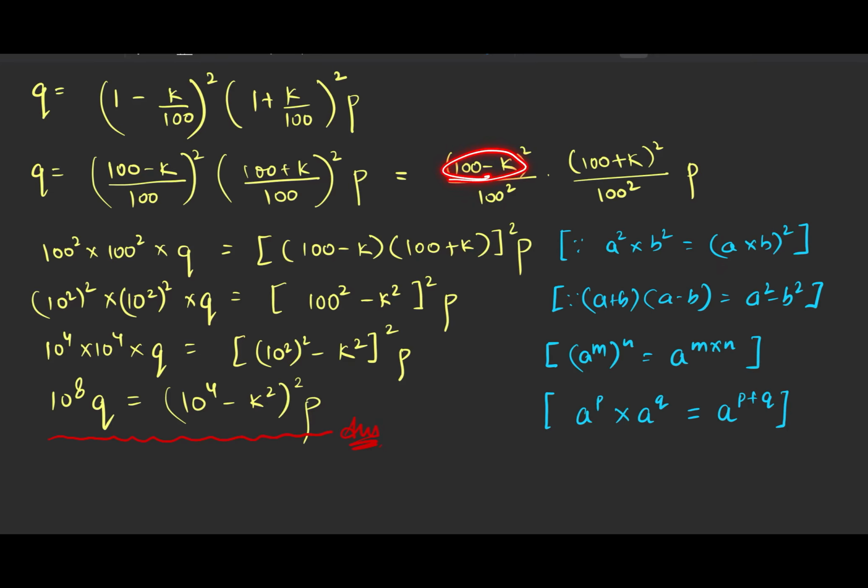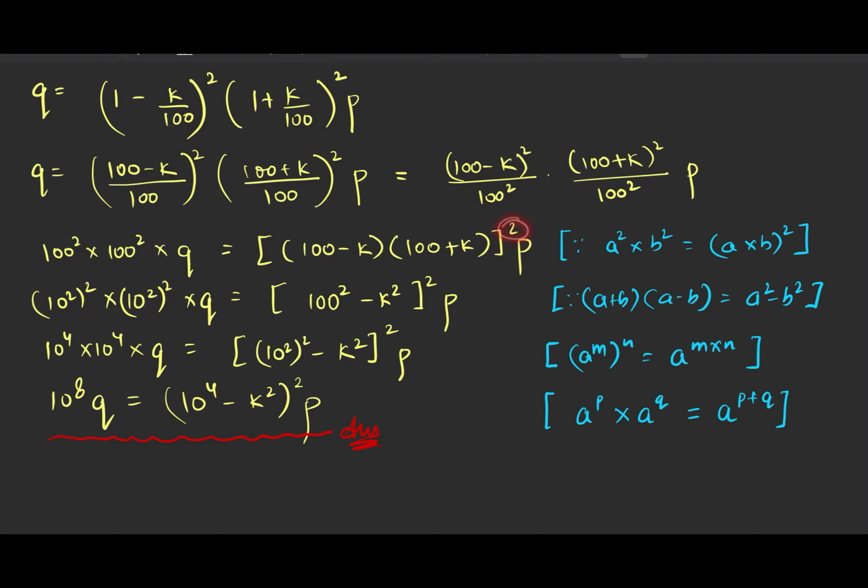So we'll take this as a, this as b, and we'll multiply them here and take the square outside. 100 is 10 square, so we can just replace it with that. Here again we will use the simple (a plus b)(a minus b) formula, which is equal to a square minus b square. So (100 minus k)(100 plus k) becomes 100 square minus k square.